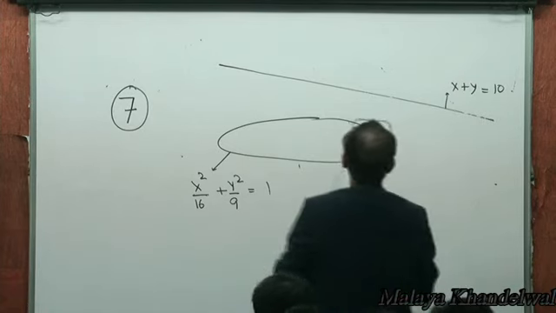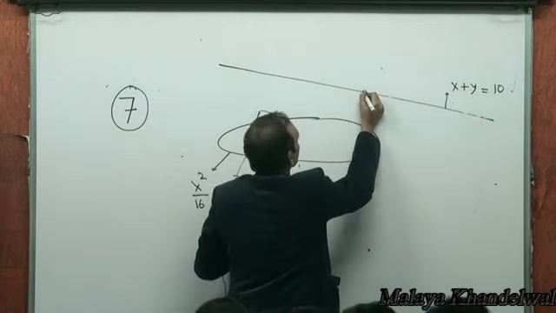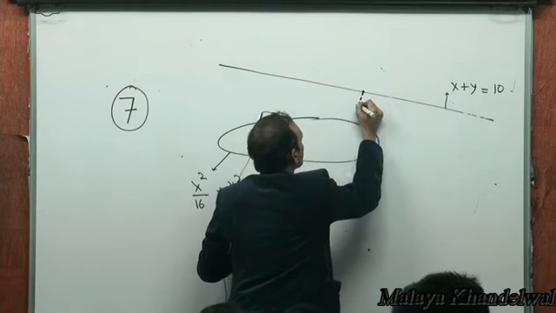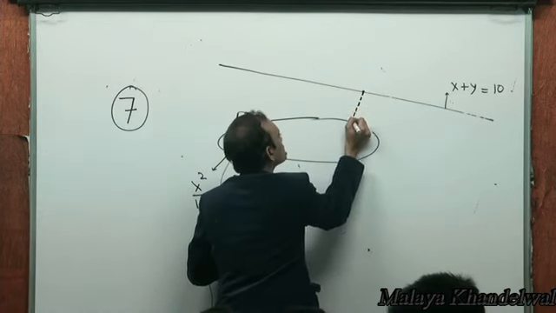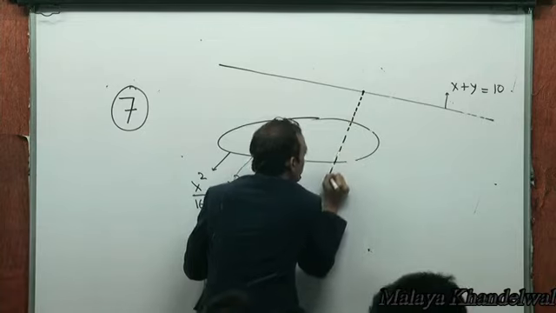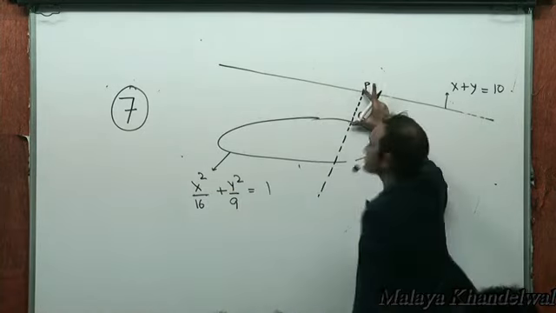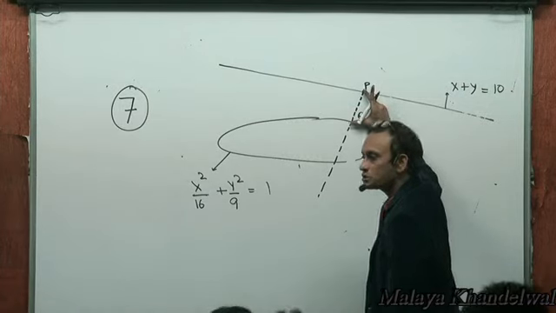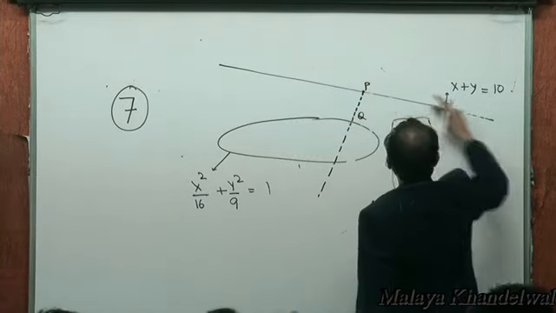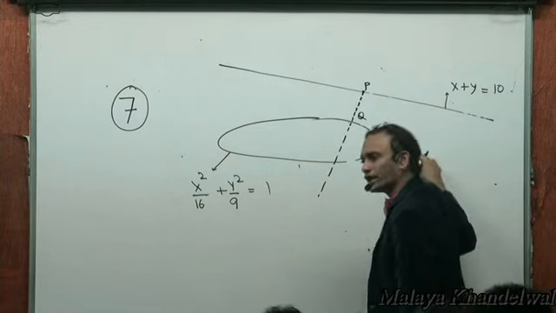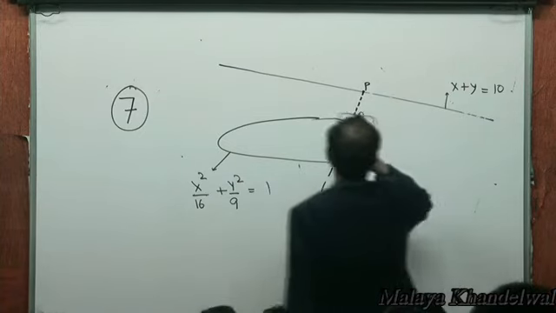Clear? So we pretend to have knowledge of this line PQ, the line of shortest distance, which is perpendicular to the line and is a normal to the curve. Normal to the curve means what?